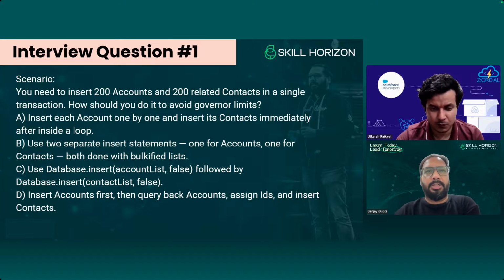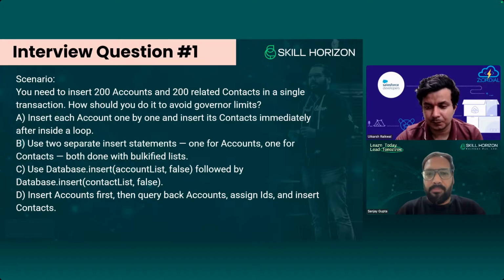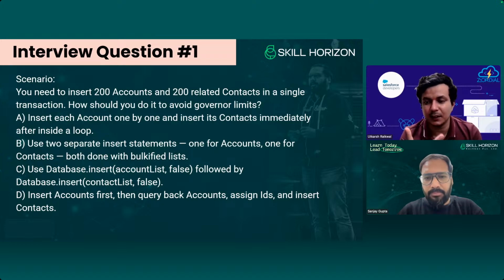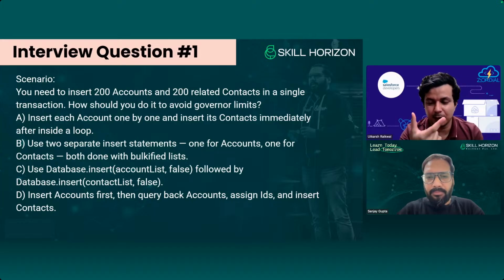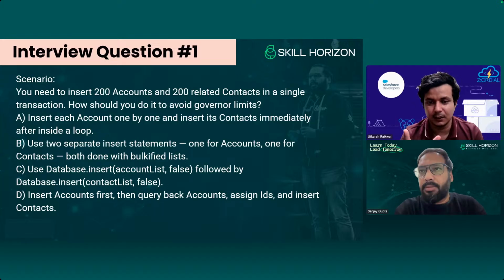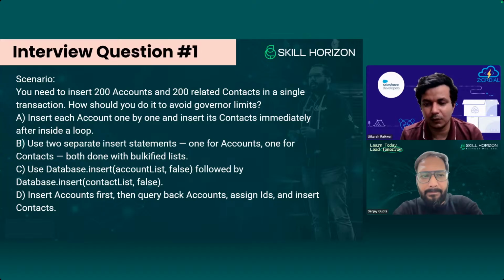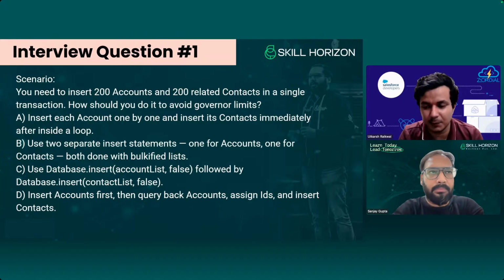One question, Utkarsh, from you. Can you tell what is a governor limit? Governor limits are the limits set by Salesforce. Beyond this particular limit or number, Salesforce will throw an error. For DML there are certain limits, and for SOQL also there are certain limits.